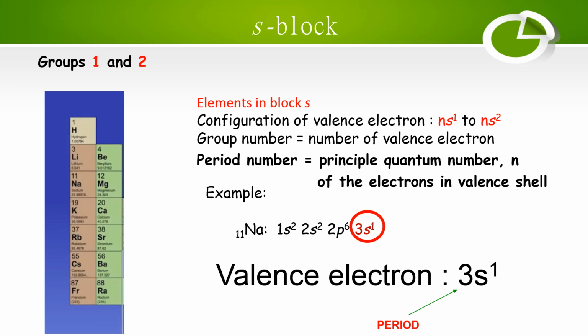The 3 will indicate the period, s will indicate the block, and 1 valence electron here will indicate the group. So from here, we can determine the position of sodium. Sodium is located at S block, group number 1, period number 3.